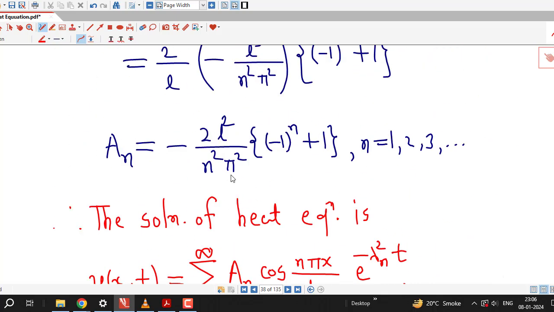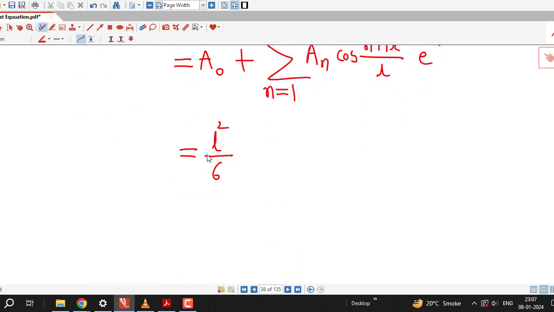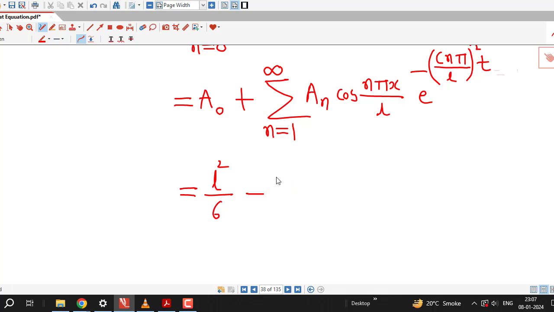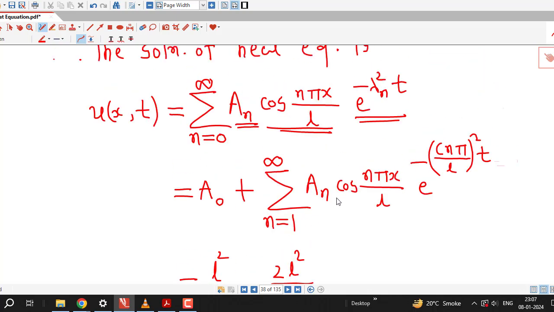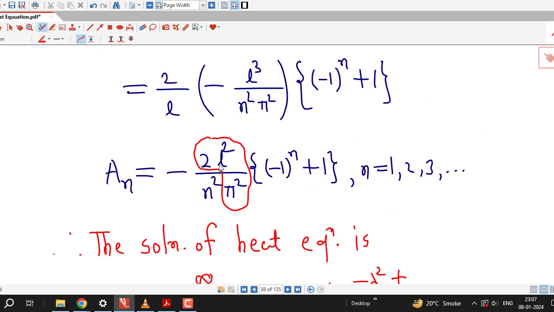An is minus 2L square over n square pi square, and we can see that this quantity 2L square over pi square is independent of n with negative sign. So if we wish, we can directly write it outside summation. So here I will have minus 2L square over pi square, that I am writing outside summation because it is independent of n and it is in the product. And here I will have minus 1 raised to n plus 1 divided by n square.